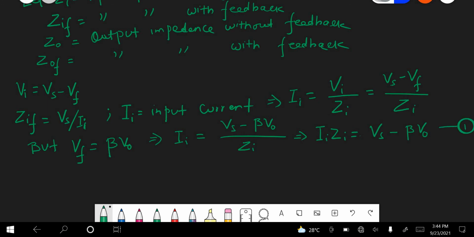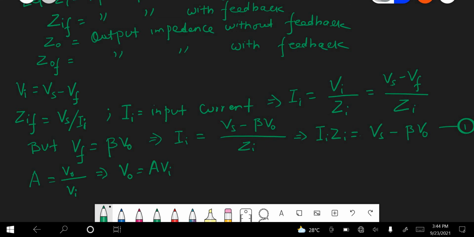Now we know that A is the open loop gain, that is the gain of the amplifier without feedback, equal to V naught by Vi. This gives V naught is equal to A Vi.